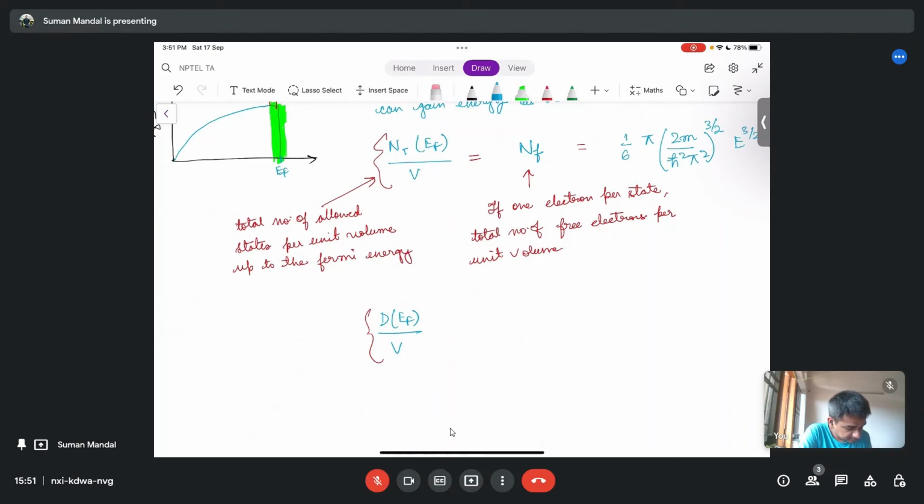This is the density of allowed states per unit volume near Fermi energy.